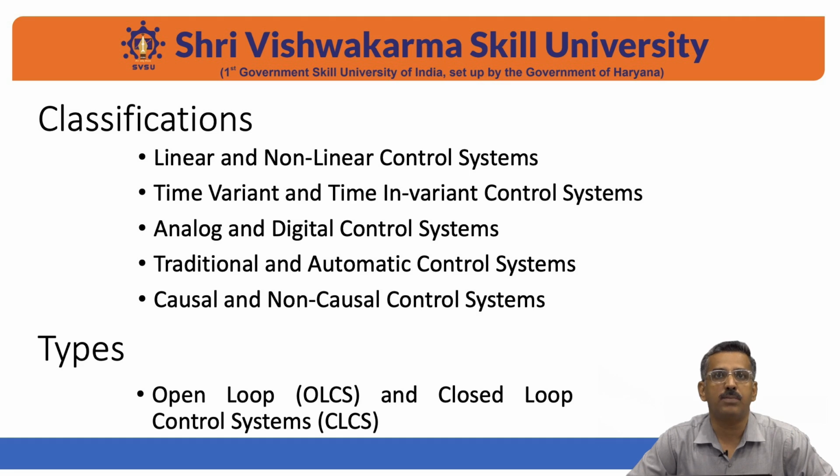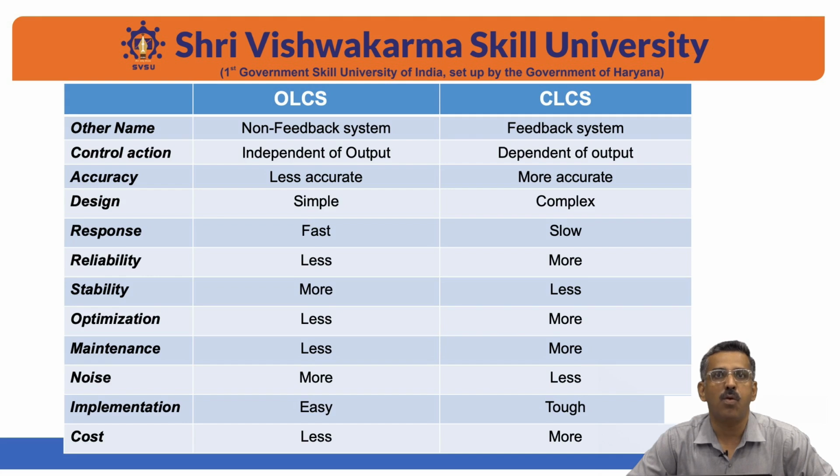Open loop control systems are also known as non-feedback control systems, while closed loop control systems are also popular as feedback control systems. The accuracy of open loop control system is less in comparison to closed loop control system, because in the closed loop control system we are using the error detector to remove the deficiencies or the errors, which will give us a more precise value.